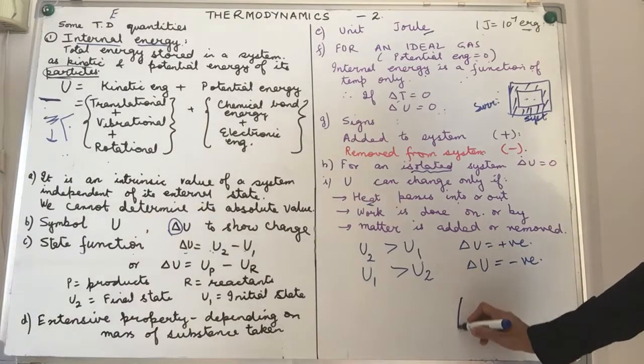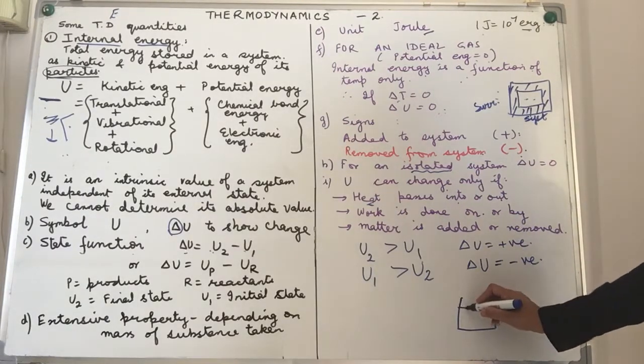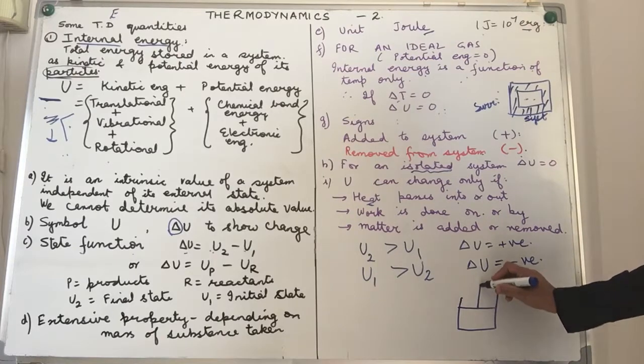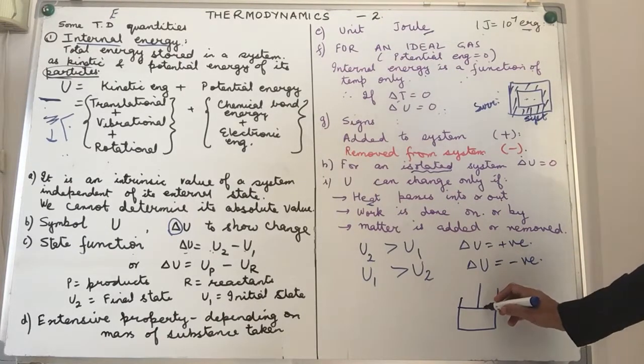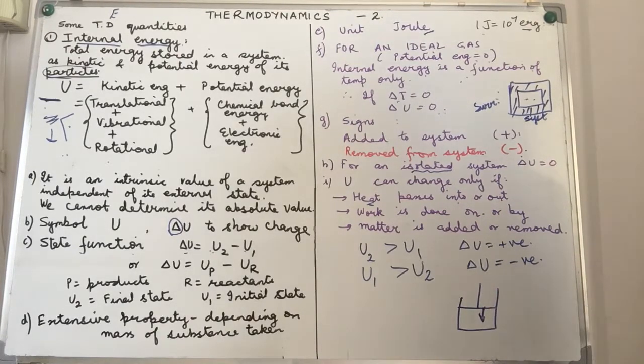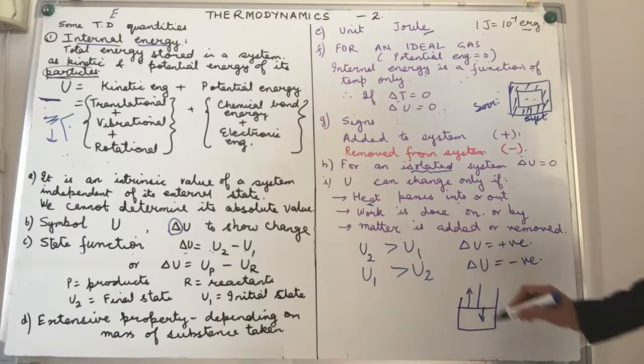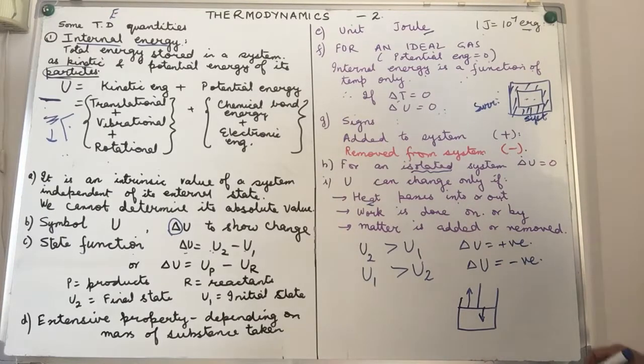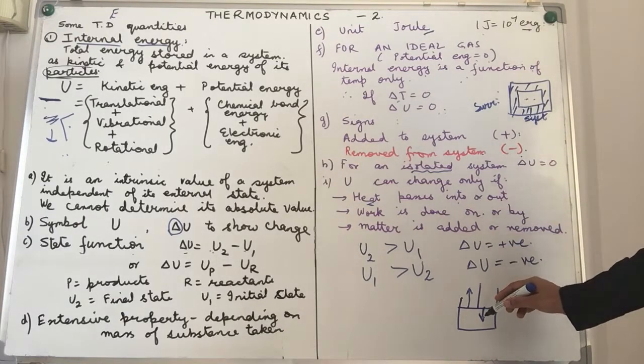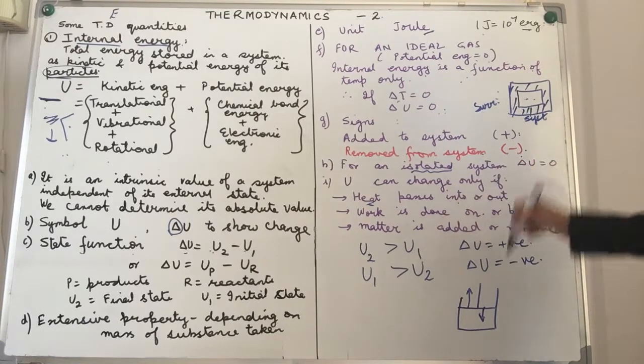Supposing I have a vessel over which I have fitted a piston. We can either apply pressure to compress the gas. Alternately, the gas can also exert pressure to push the piston out. When we are applying pressure on the gas through the piston, work is being done on the system.